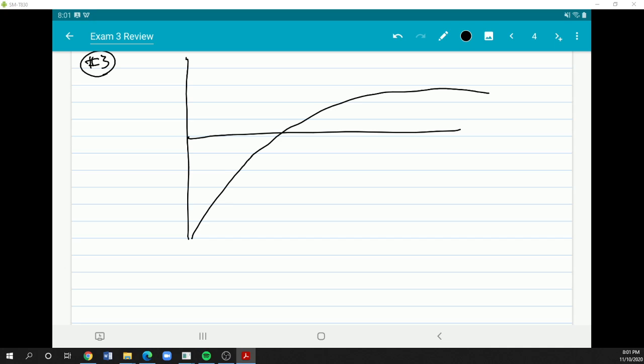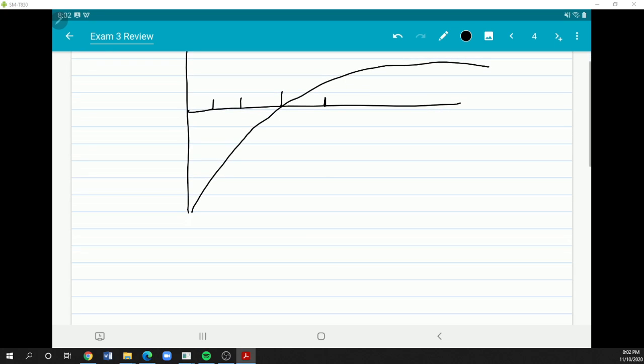Roughly. That's not the best picture, but it is a sketch. So here at 3 it's equal to 0. 1, 2. And then here's 4. And now I want to use n equals 6 rectangles.